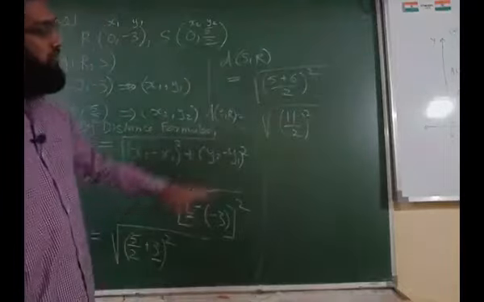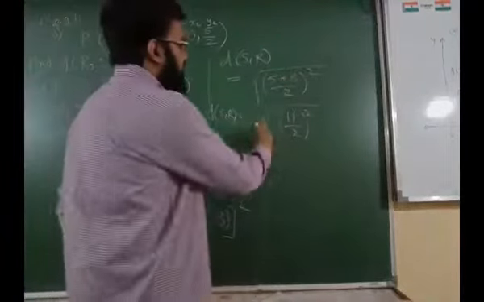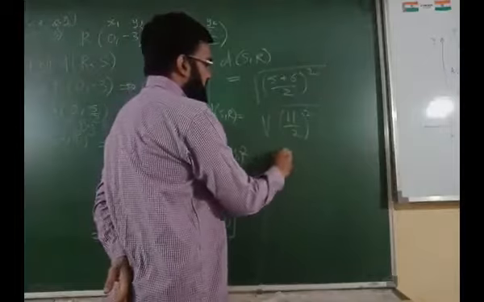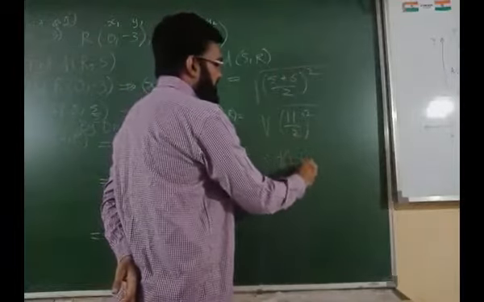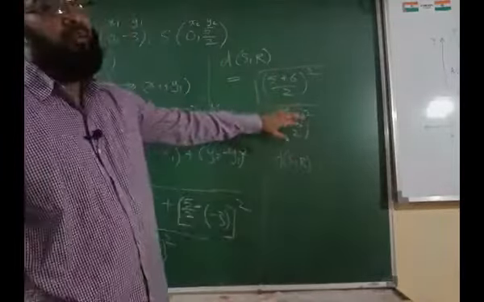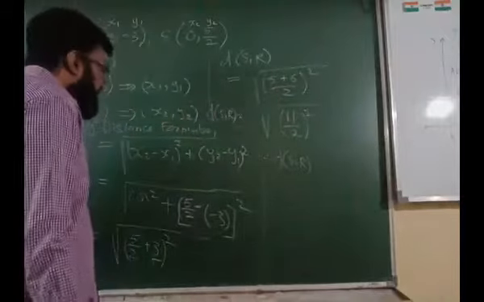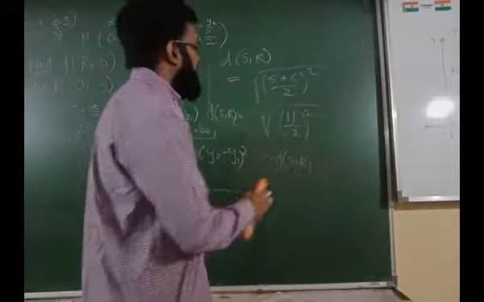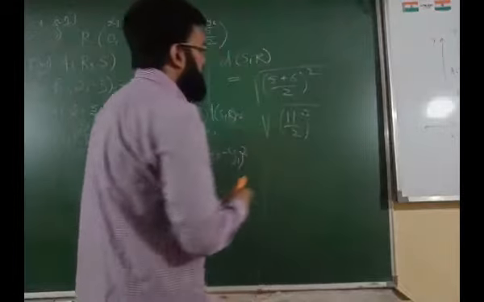Now square root and square will cancel. Instead of saying that, we should write the step as squaring on both the sides or something like that.